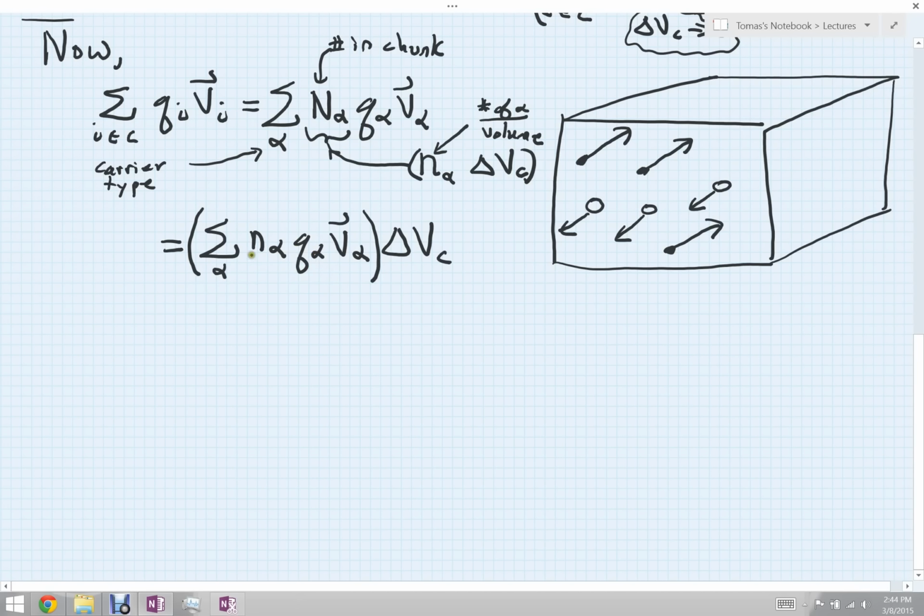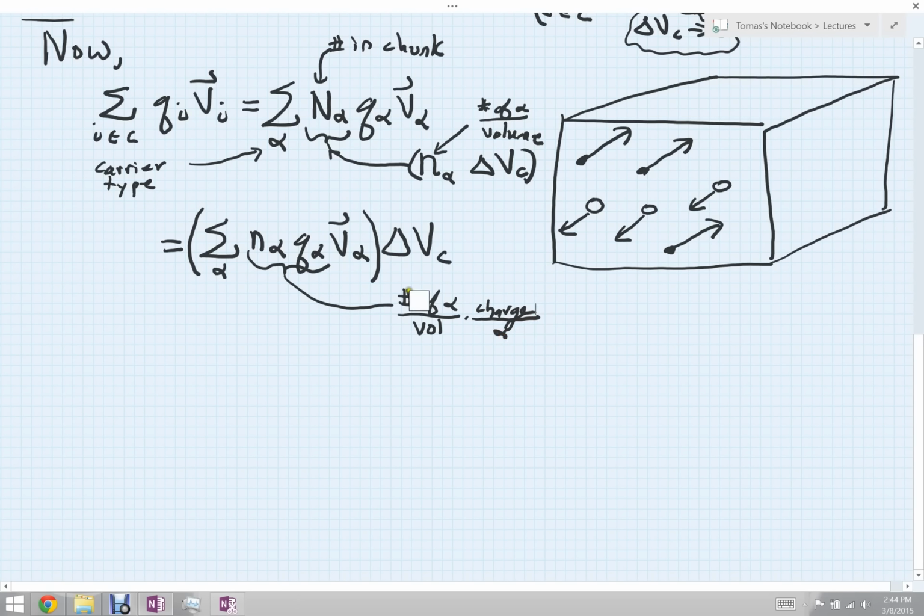If we look at what we have here, this quantity, if I spell it out exactly, it's the number of type alpha, so it's the number of alphas per unit volume, times the charge. That's what q is. q is the charge on one particle of type alpha, so that's the charge per alpha.